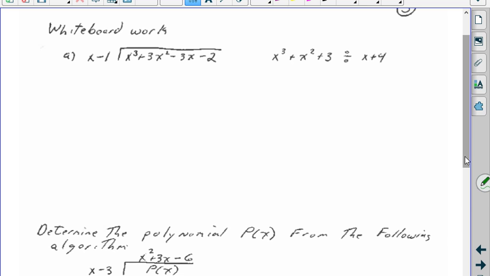She had a positive. Because here, you have positive 12, which is the positive.